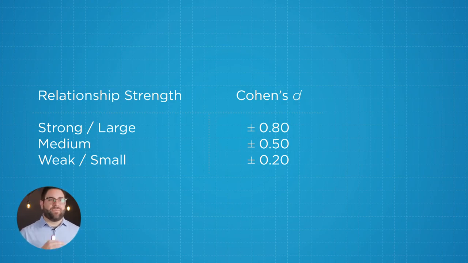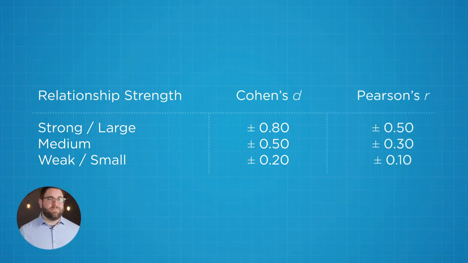We're going to have three different categories. The first of which is a weak or small correlation, and that is at 0.2. We then have a medium correlation at 0.5, and a strong or large correlation at 0.8.